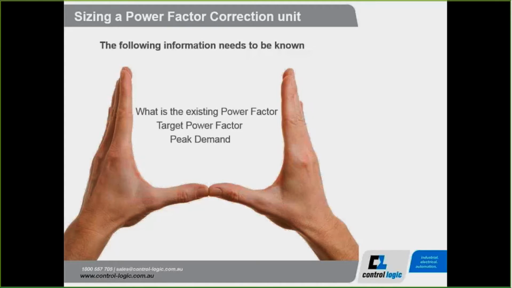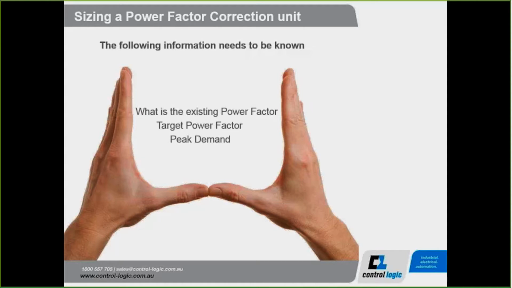I wouldn't imagine that's going to change much from supply authority to supply authority, but of course, if in doubt, you can check with your energy retailer. We also need to know the peak demand, how big is the demand on the network. So the demand could be expressed in amps, it could be in kilowatts, it could be in kVA. Any of those variables are suitable to work out the peak demand.